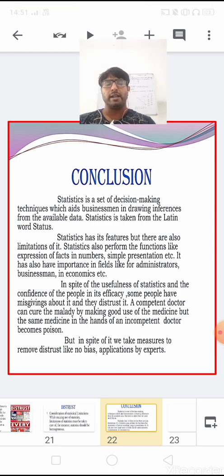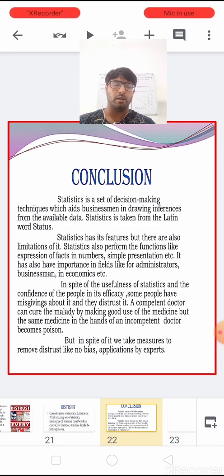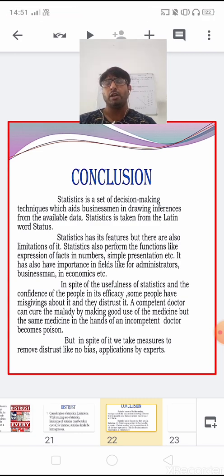Like a competent doctor can cure a malady by making good use of medicines, but the same medicines in the hands of an incompetent doctor become poison.